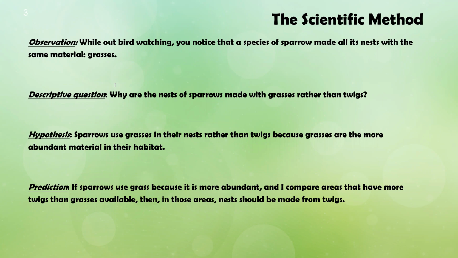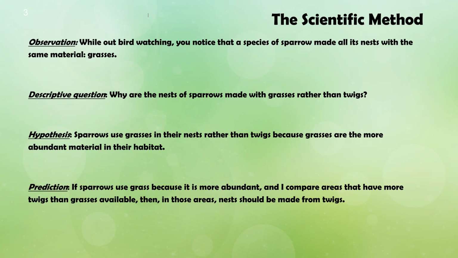Okay, well, that's an interesting observation. So my question could be, why are the nests of sparrows made with grasses rather than twigs? Right, because we commonly think of twigs in bird nests. So I want to know, why are sparrows making their nests out of grass instead of twigs?